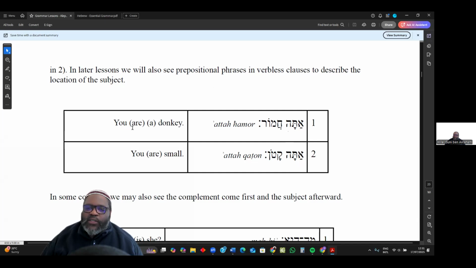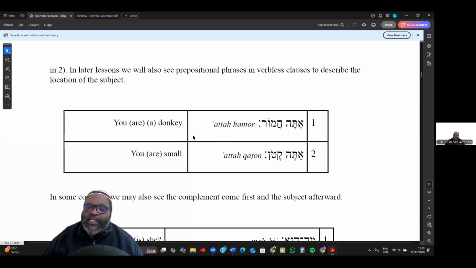In English, it says, you are a donkey. It says in Hebrew, ata chamor. Remember, the dagesh, the dot in the middle of tav, asks us to pronounce tav as if it was a double T. So it's ata chamor, which means you are a donkey.